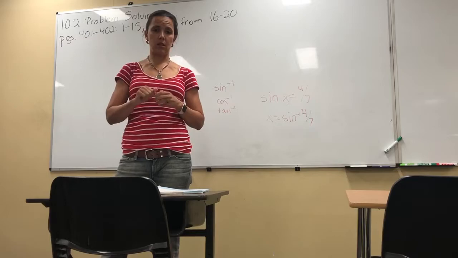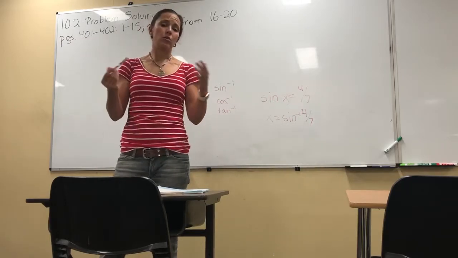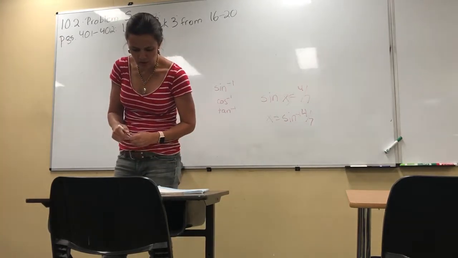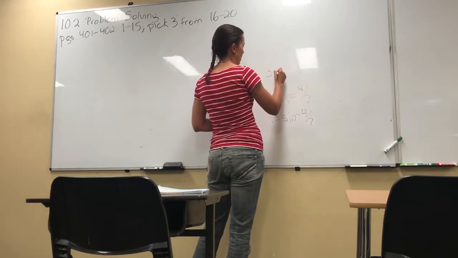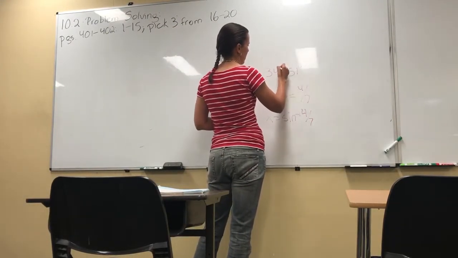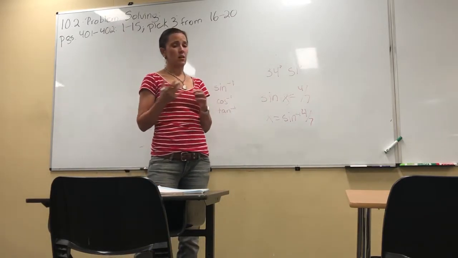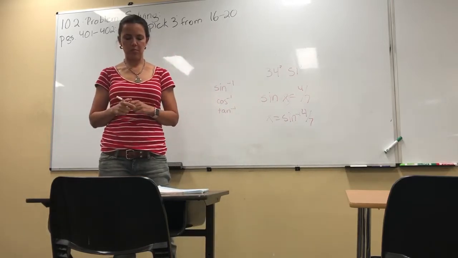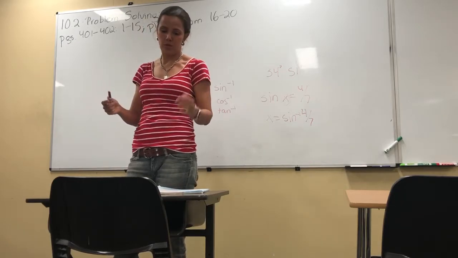So you go into your calculator, press that sine -1 button, and enter 4/7, or do the division first and enter that, and you're going to get 34 degrees 51 minutes. Depending on your calculator, it might give you something different. Honestly, if you want to round to the nearest degree and call that 35 degrees, I'm fine with that. But if your calculator gives you that answer, go ahead and put it in. Right? So that's pretty easy.